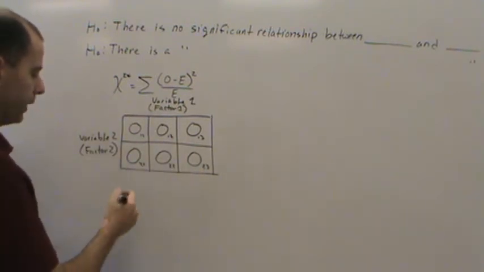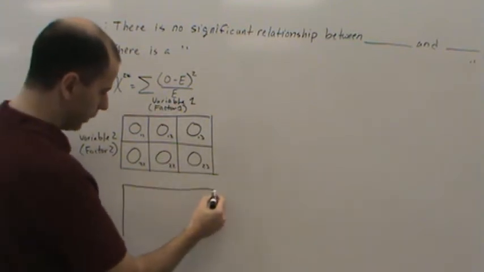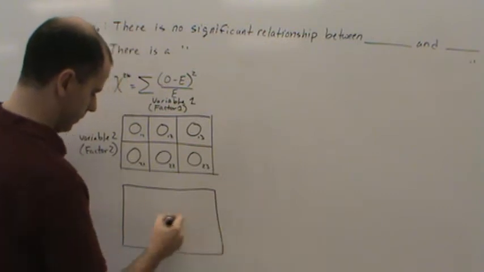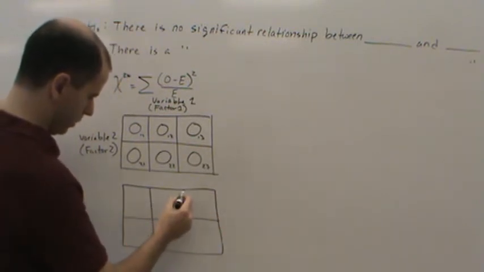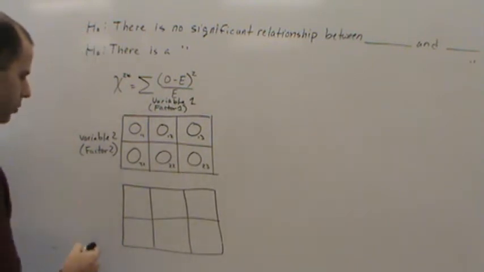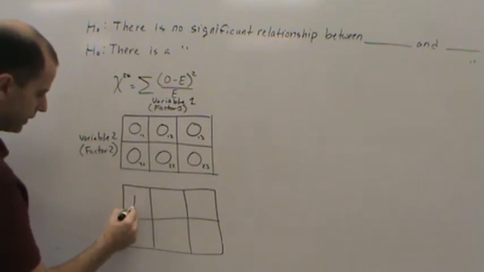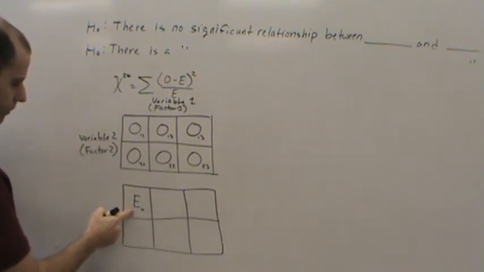And what we're going to have to do is calculate another table that we're going to call our expected matrix, right? And so based on the data here, we're going to calculate the expected frequency that would go in here. Okay?